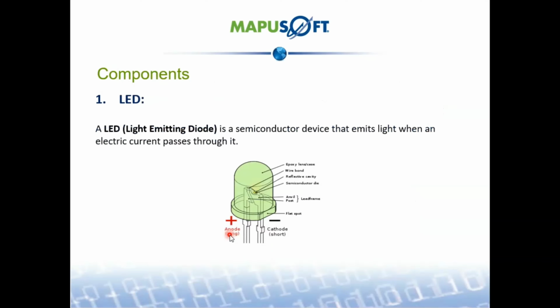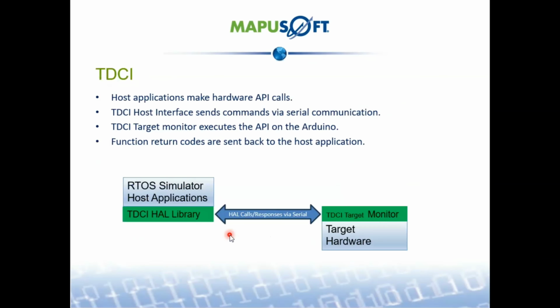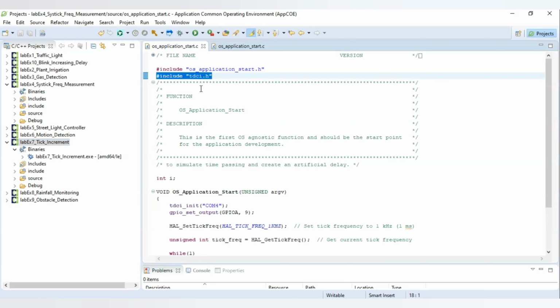So these are the components we are using here, and the main mechanism is TDCA. This enables real-time feedback to the host system, making it easier to monitor the tick frequency and adjust configuration without reprogramming the microcontroller.